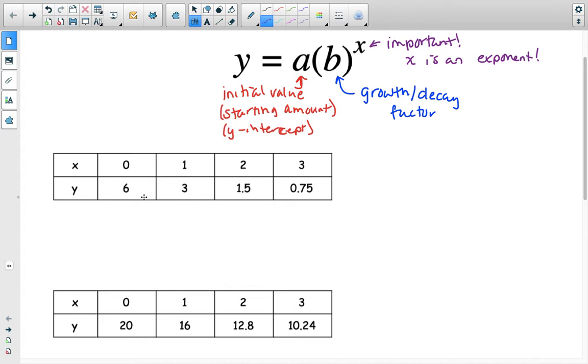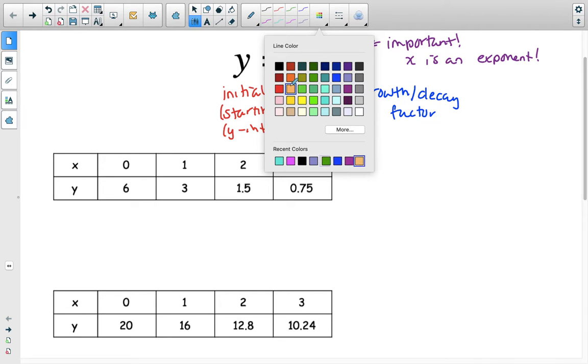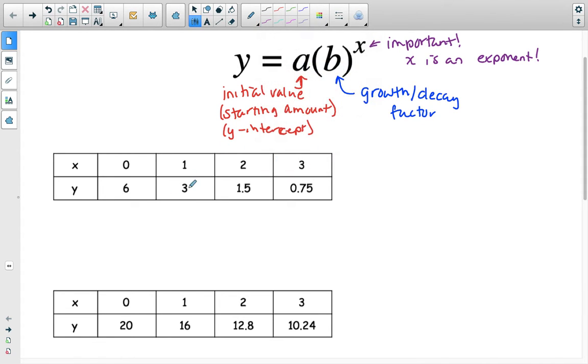So we could probably determine what the value is, but instead of guessing and checking, we can do some simple math. We could take the second y value and divide it by the previous one to determine how we got to it. So we can take the y value of 3 and divide it by the previous of 6. This gives us a 1/2. 3 divided by 6 is 1/2.